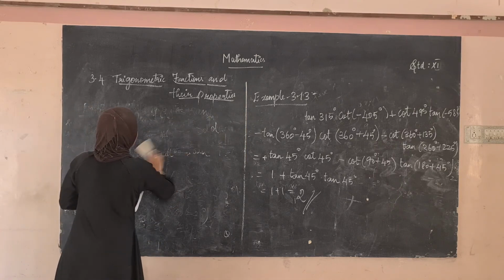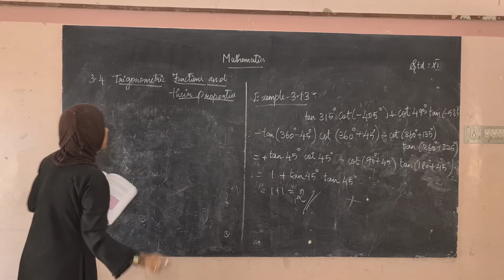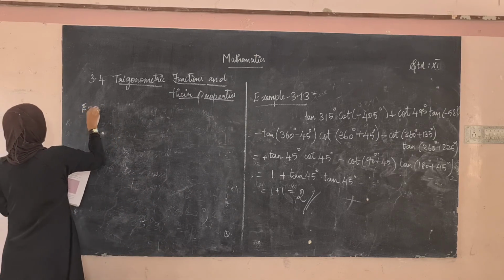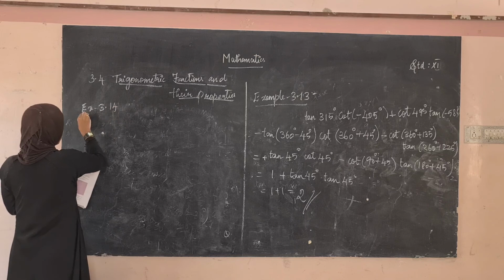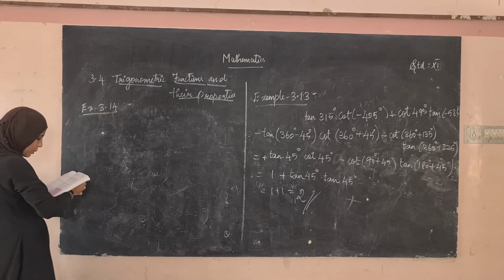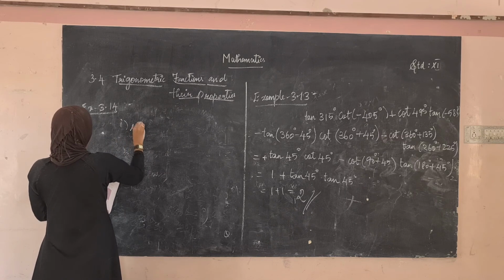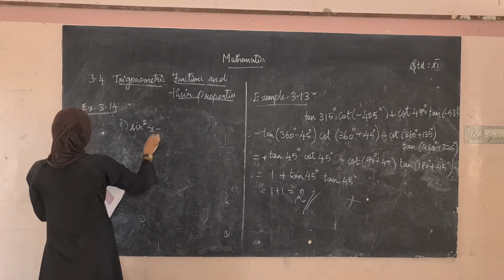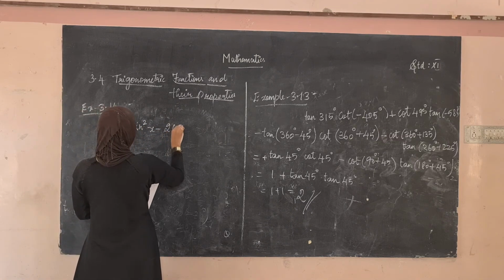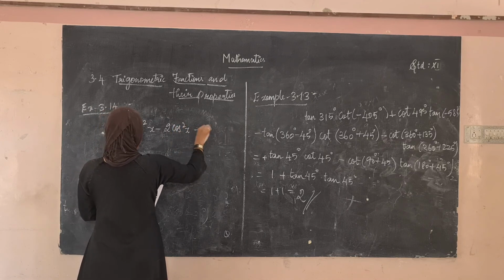The last example, determine whether the following functions are even or odd. Okay, see the first one, sin square x minus 2 into cos square x minus cos x.